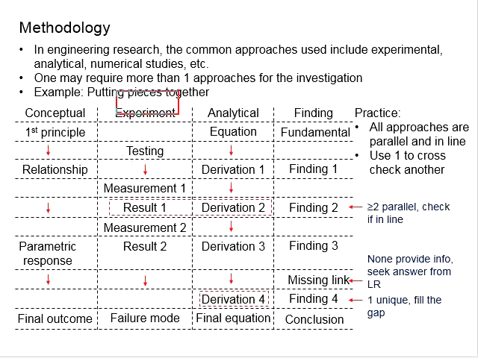As for the experimental study, you conduct testing, you do measurements, you acquire results, and you conduct measurements, you acquire another result, and you acquire your failure mode. As for the analytical study, you start deriving your equations on the basis of the first principle, and then go through the process of derivations step by step until you reach the final equations.